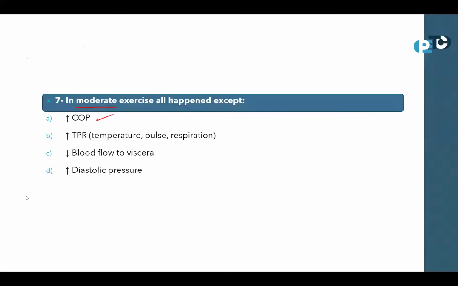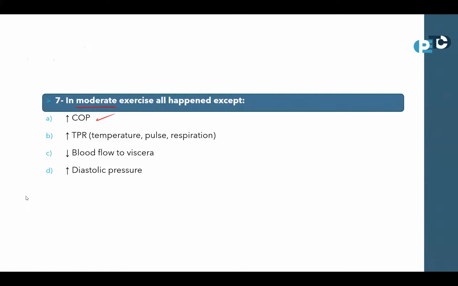The temperature will increase, the pulse will increase, and the respiration will increase. Also, the heart rate will increase to pump blood faster and meet the increased demand, and systolic blood pressure will increase. The blood will be directed during the exercise to the muscles, so its flow to the viscera will decrease.